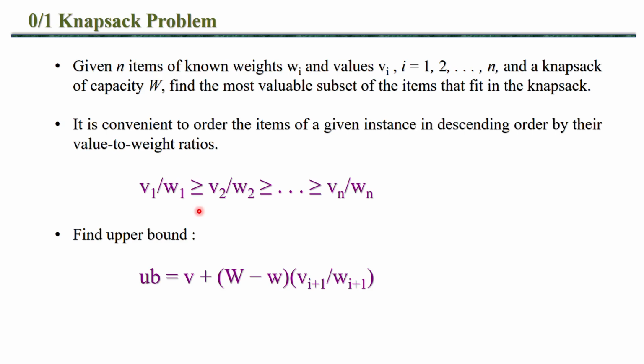The same procedure was done in the greedy method also. First find the ratio, and based on the ratio value arrange the items in decreasing order. Here also you have to do the same thing.